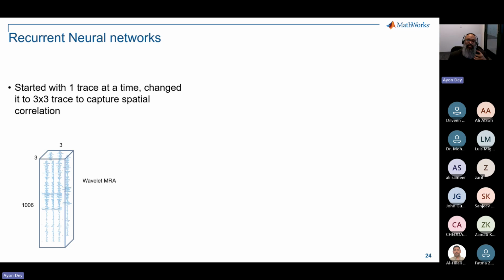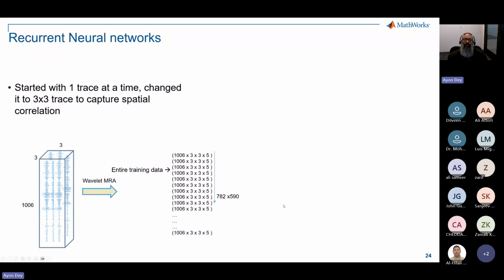So to capture that in our network, we expanded from going trace by trace to a 3x3 by, in this case, 10,006 samples in depth or time, to do the wavelet multi-resolution analysis, so we can capture features that are not only depth or time correlated, but also spatially correlated in X and Y. As you can see, this very quickly enlarges the data set, making it 3 times larger. So we're getting into big data situations here, and this necessitates the need for GPU and cloud computes.